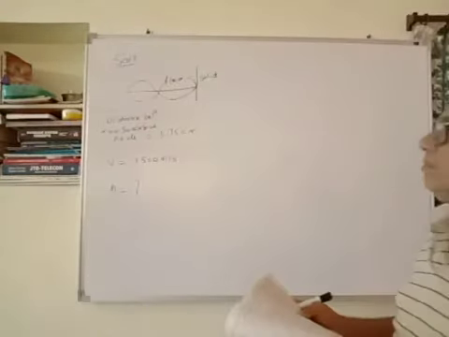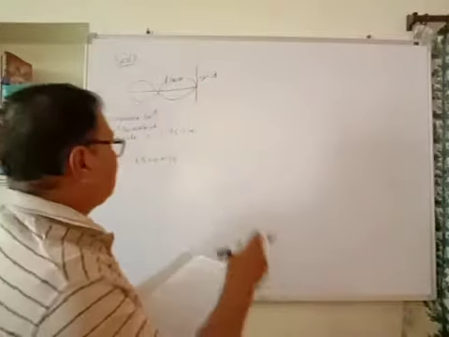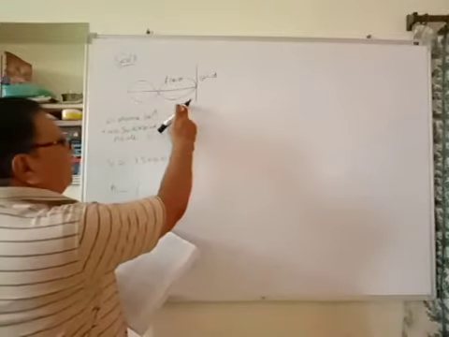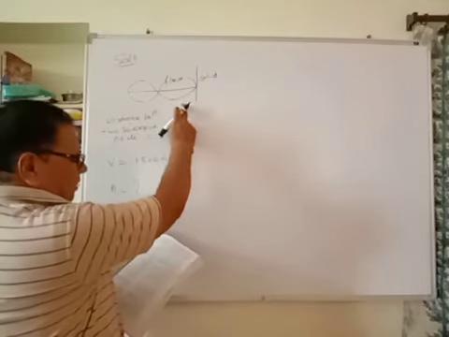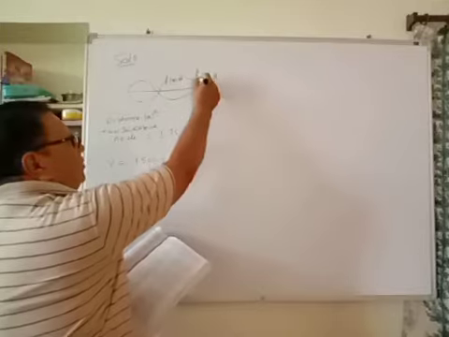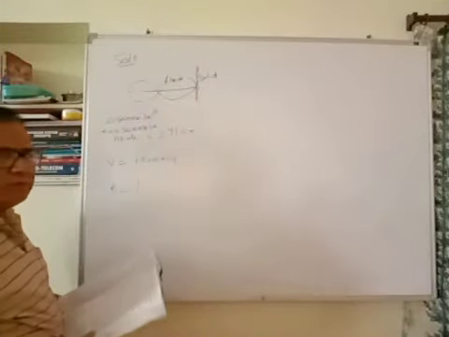So, what is the given data? Once again I repeat. A sound wave is flowing through a liquid and reflects from a solid medium. Due to reflection, stationary waves are formed.